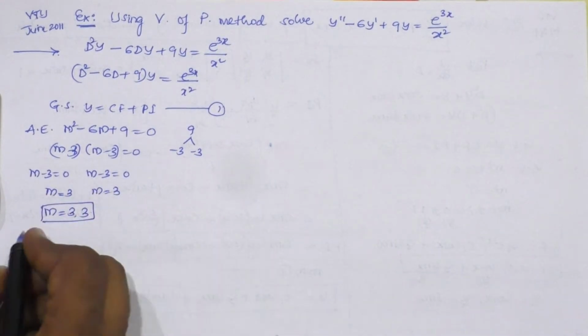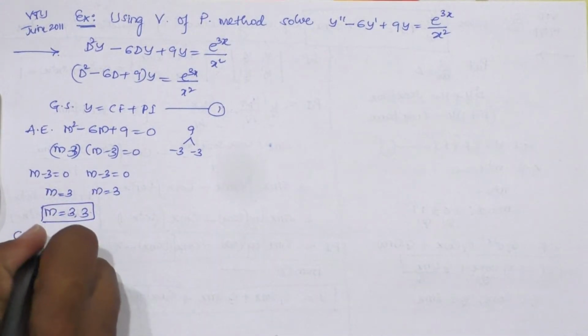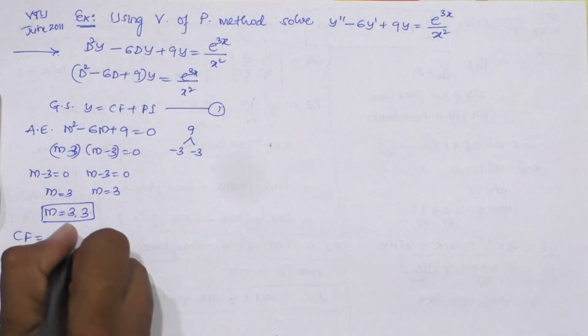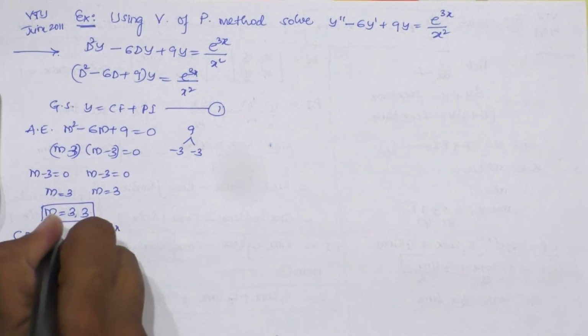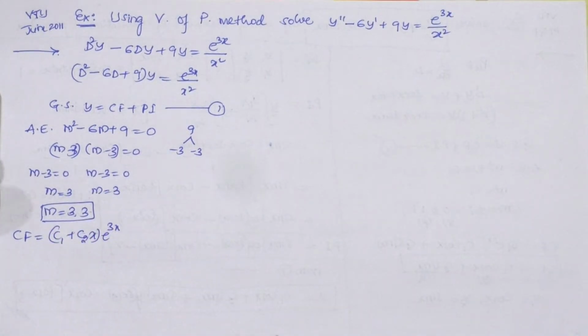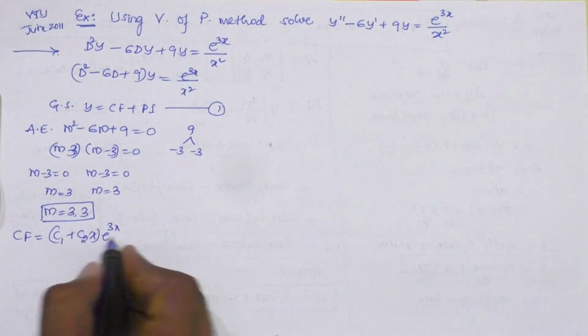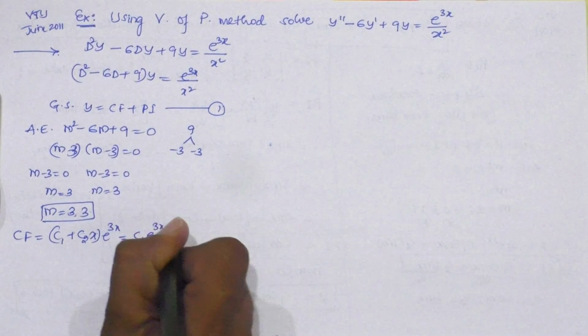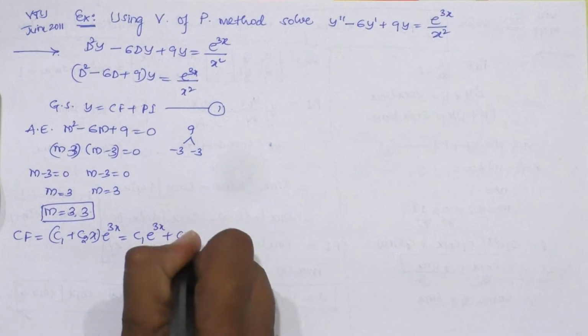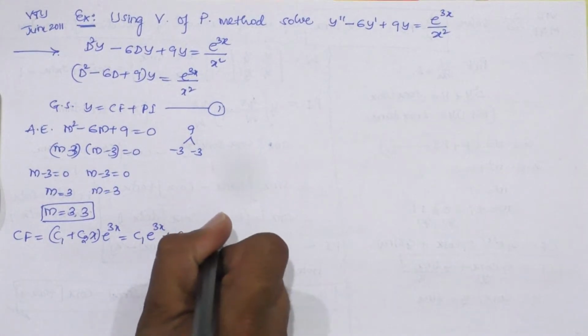Now CF is C1 plus C2x into e raised to 3x. Let us multiply e raised to 3x inside, so we get C1 e raised to 3x plus C2 x e raised to 3x.